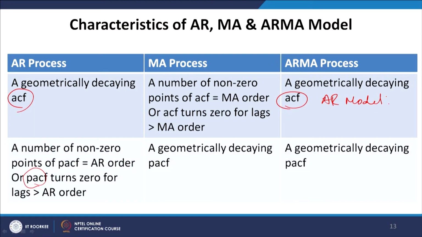Now, consider the PACF, that is, partial autocorrelation functions. The number of non-zero points of the PACF equals the AR order, or the PACF turns 0 for lags greater than the AR order.